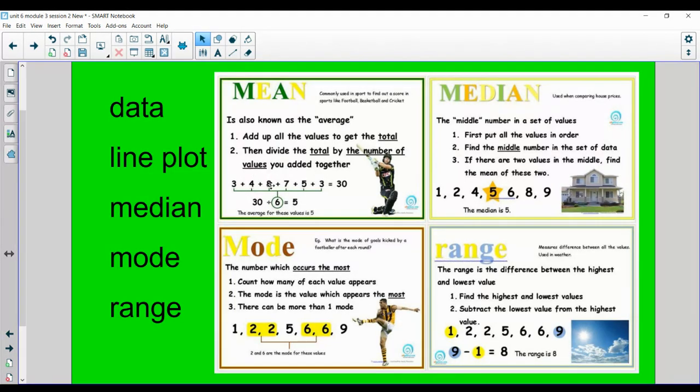So 3 plus 4 plus 8 plus 7 plus 5 plus 3. And so you get your total number, and that adds up to 30. And you end up dividing it by the number of numbers that you have in your data. So we had 6 numbers here. So our total 30 divided by 6 equals 5. So the average of that score would be a 5.